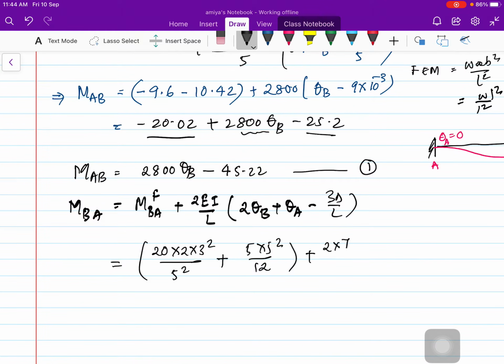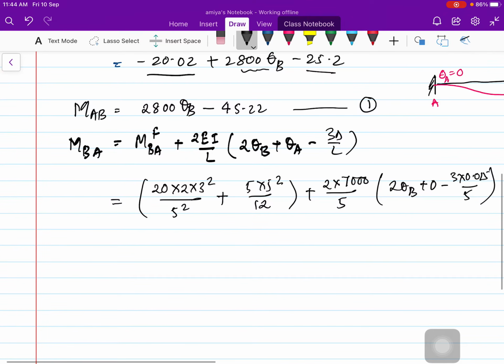Then plus 2 EI is 7,000 by span, which is 5. Then 2 theta B plus theta A, where theta A is 0, minus 3 delta by L, same. So this gives us 24.82 plus 5,600 theta B minus 25.2.